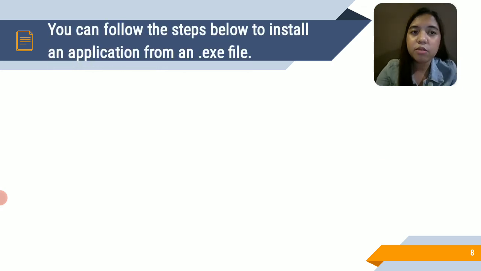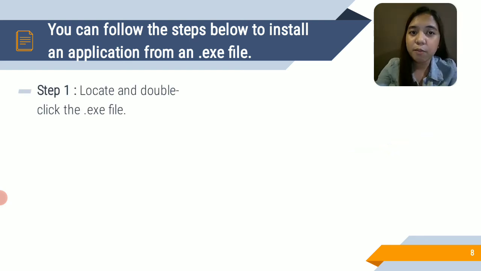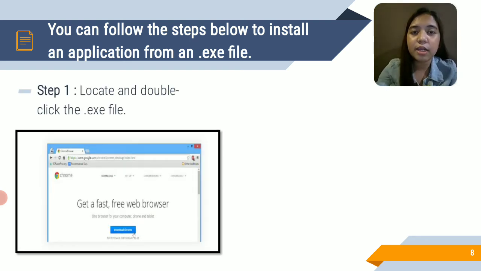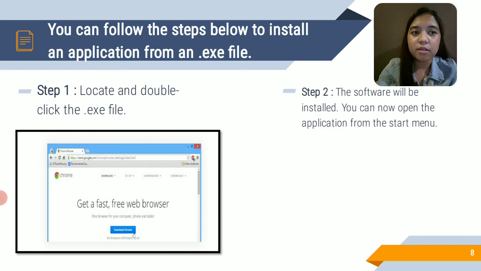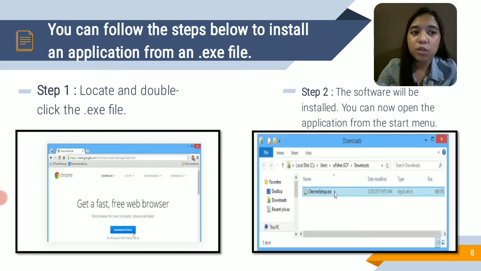You can follow the steps below to install an application from an exe file. Step 1, locate and click the exe file. Step 2, the software will be installed, and you can open the application from the start menu. Here are the pictures we are referring to.